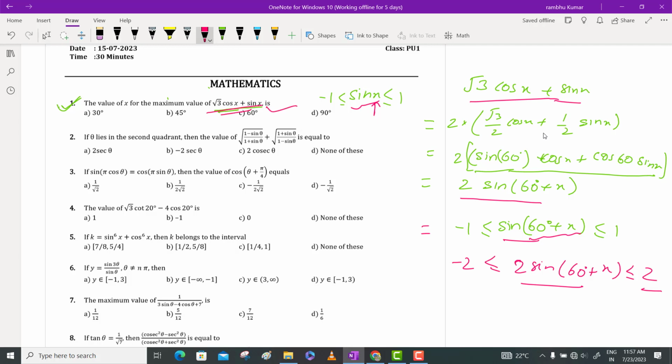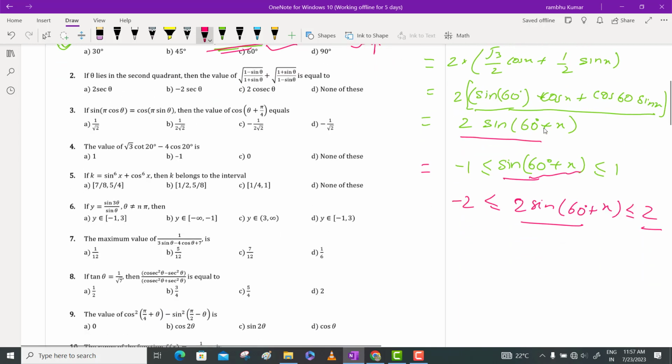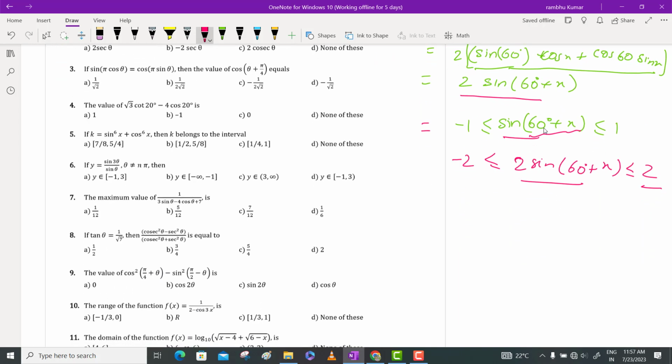Now if this is the maximum value, can we write like this? 2 sin 60 plus x, sorry, equal to 2. So sin 60 plus x equal to 1. If this is equal to 1, then we can say 60 plus x equal to 90.